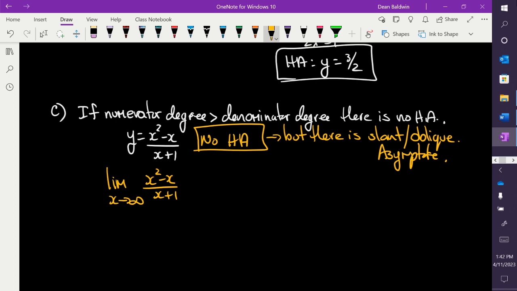All right. Dobie? Oh, I see it. Okay. What operation is happening here? It's division, right? It's division of polynomials. So we're going to divide the polynomials.